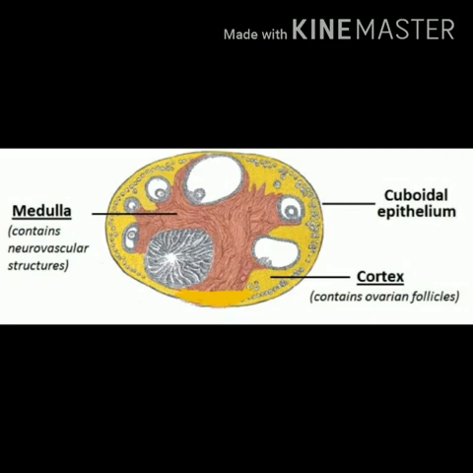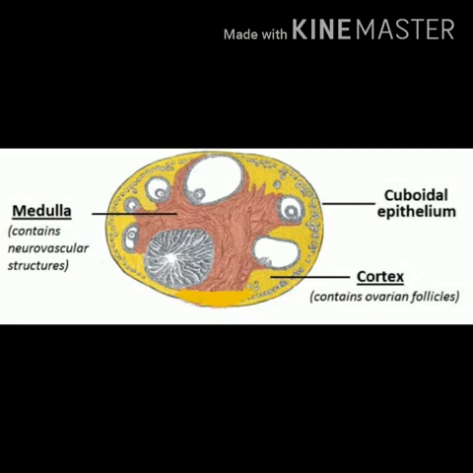This oogonia grows continuously. Meanwhile, oogonia is surrounded by a granular structure called granulosa cells and forms the rudiments, or we can say the first structure of ovarian follicle.